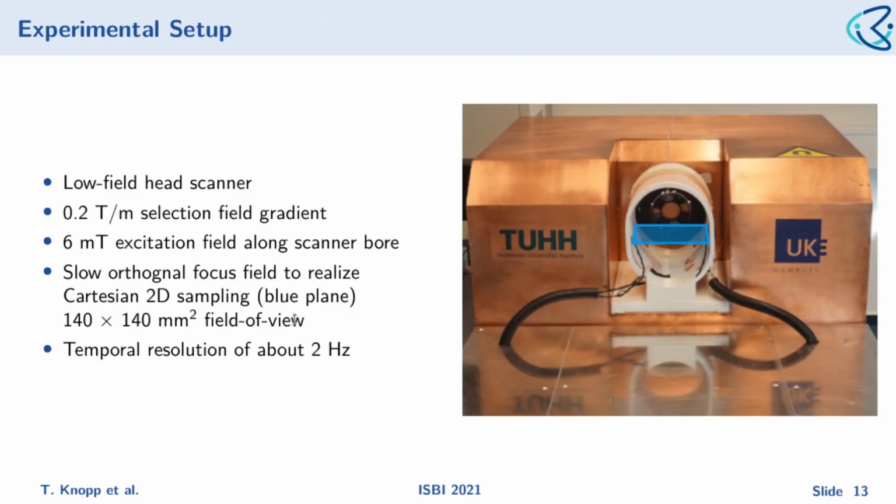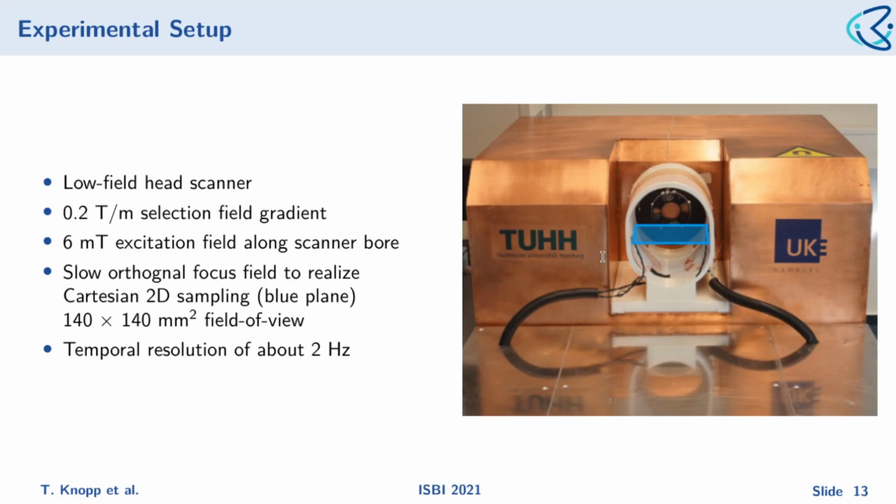Our algorithm is evaluated on experimental data measured with our custom-built head scanner, shown on the right. It has a low selection field gradient of 0.2 Tesla per meter, a 6 millitesla excitation field strength, and samples a horizontal plane within the scanner, indicated in blue, along a Cartesian sampling trajectory.